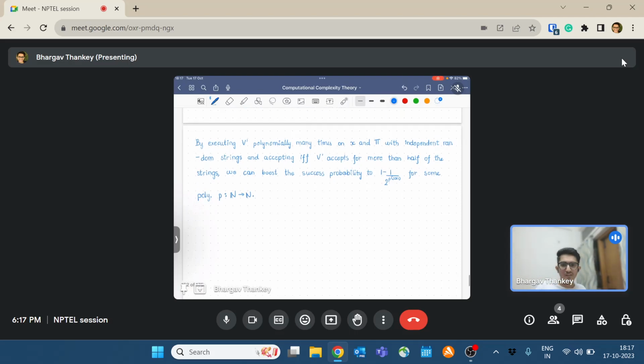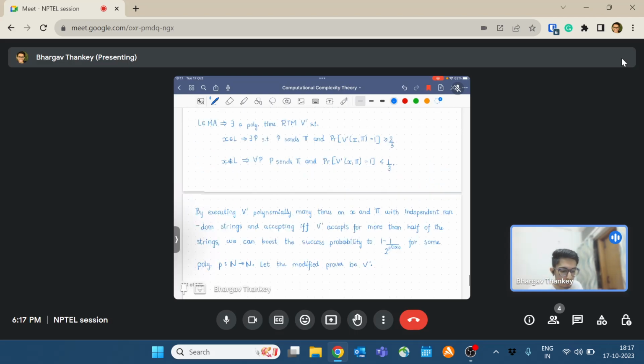Yes, so the proof of this uses the Chernoff bound, and it's very similar to the proof of boosting the success probability of a BPP algorithm. So I'm not going to do the calculation, but you can do it on your own. It's exactly the same. Okay, so let me call this new verifier V double prime. So now we have a verifier that succeeds with overwhelming probability.